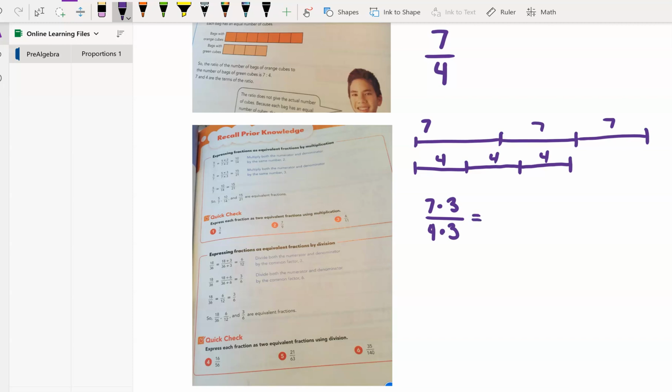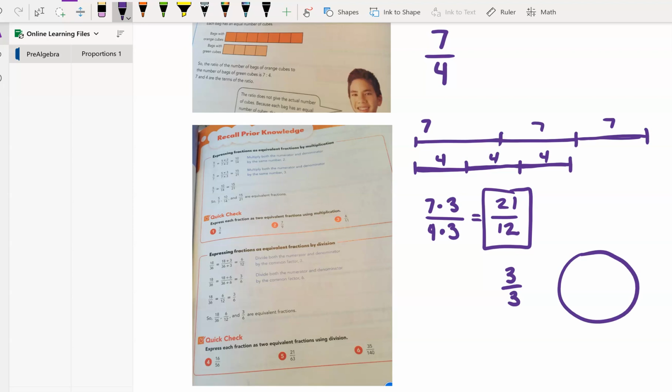And so as your 7 gets 3 times bigger, it becomes 21, and your 4 becomes 3 times bigger, becomes 12. That is an equivalent fraction. Anytime you multiply by something like 3 over 3, we know 3 parts of 3, right?